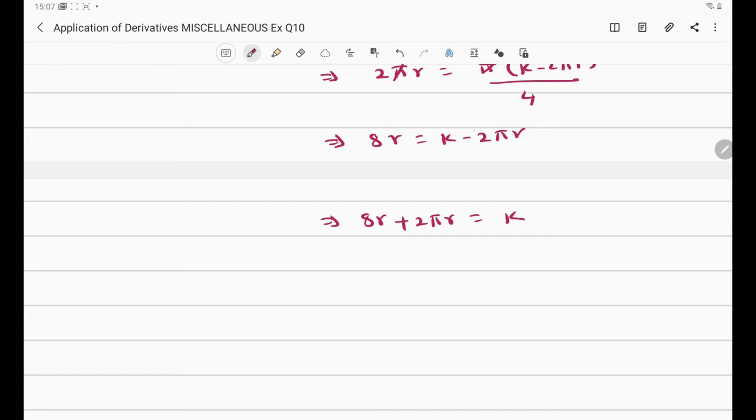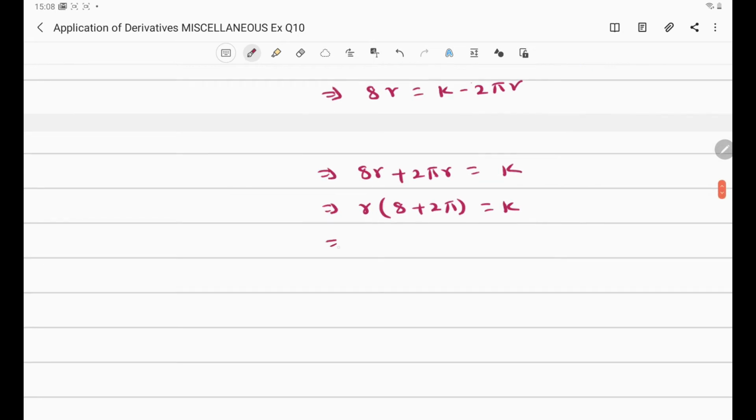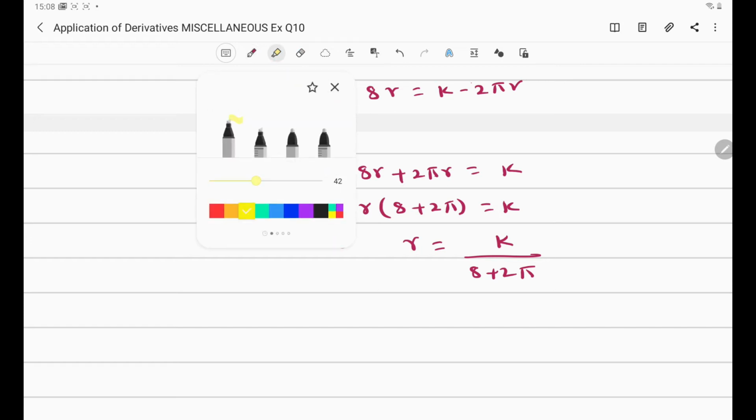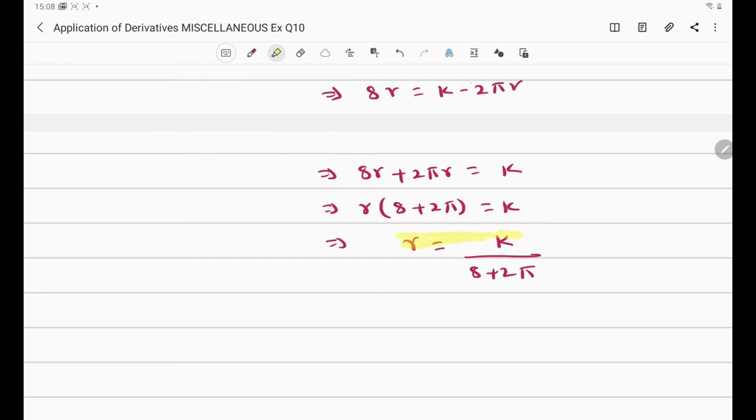So from this we get r, taking r common, 8 plus 2 pi times r is equal to k, so r is equal to k divided by 8 plus 2 pi. Now this becomes the critical point. R equal to k by 8 plus 2 pi is the critical point.